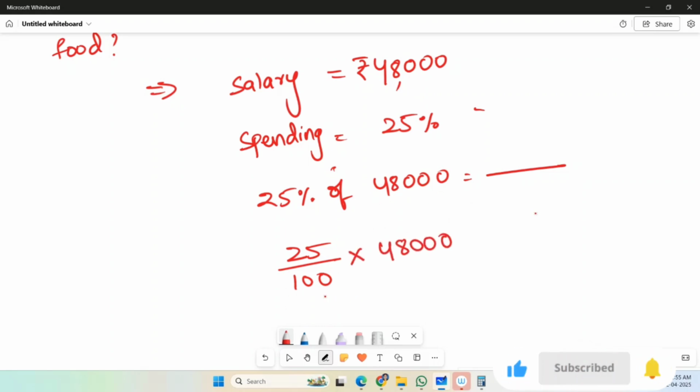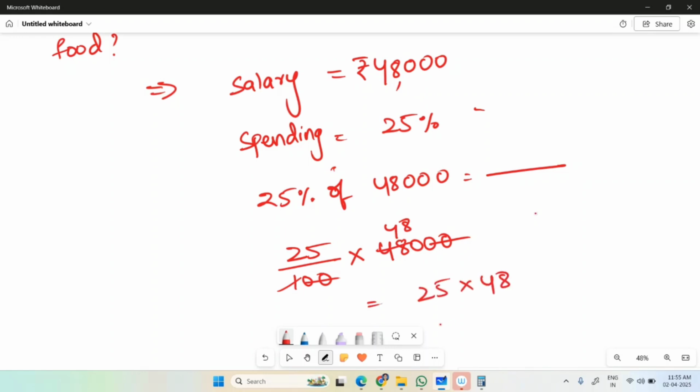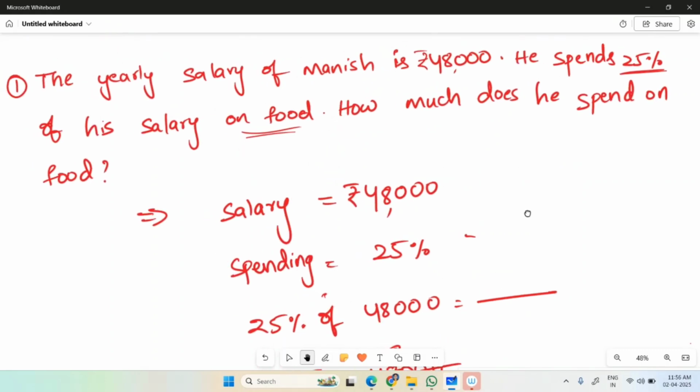If you simplify this, these two zeros and these two zeros will get cancelled. 1 times 48 is 48. So simply 25 times 48, which is 1200. So he spends 1200 rupees on food because 25% of 48,000 is 1200.